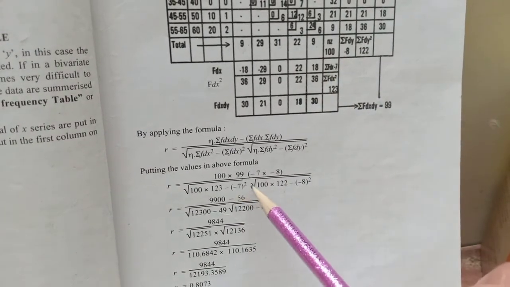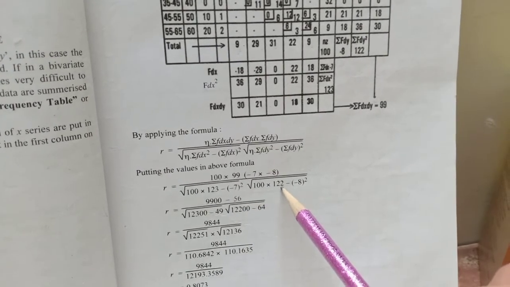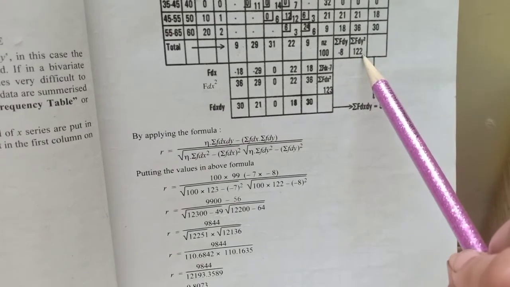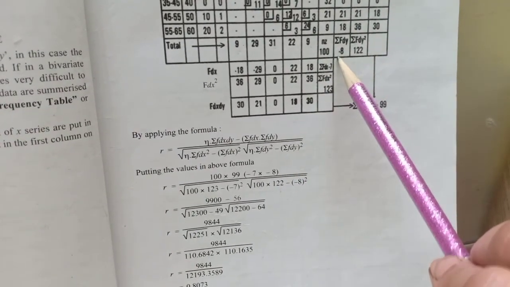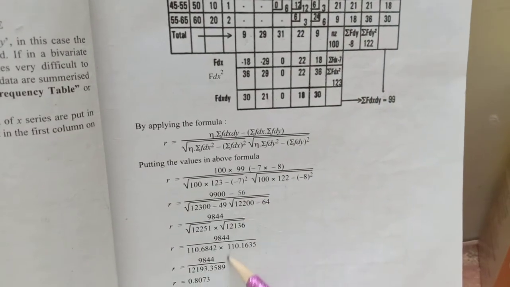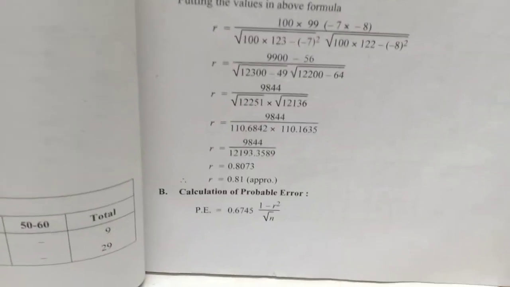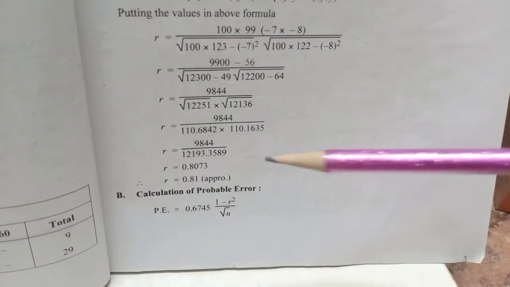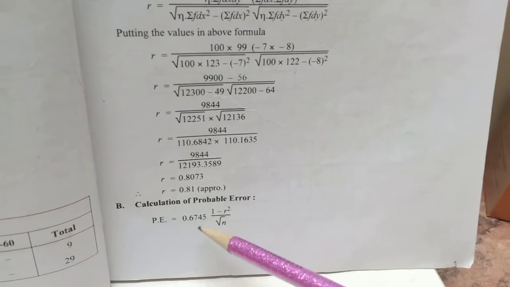So minus 7 whole square, into 100 into f dy square, which is 122, minus f dy whole square. So minus 8 whole square. Now when you solve this, you have r is equal to 0.8073, rounded off to 0.81 approximately.